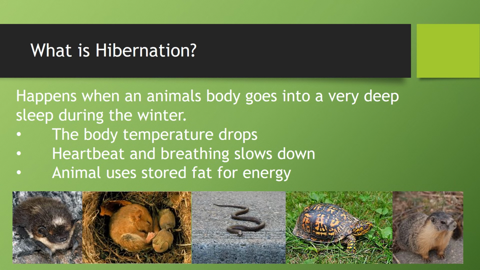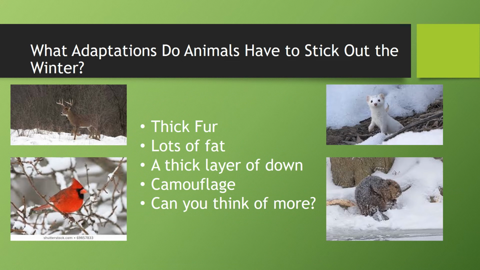Okay, moving forward. So what adaptations do animals have to stick out the winter? This might be pretty self-explanatory, but take a minute and think about each one of these animals. We kind of talked about the deer earlier.